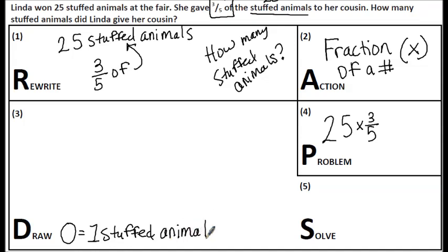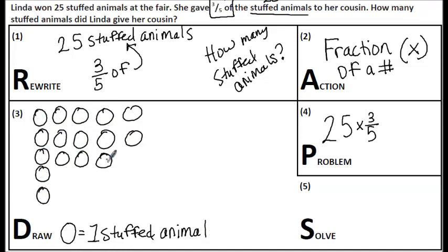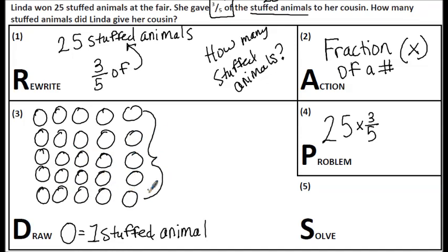So I'm going to draw a 5x5 grid. And remember, each of these circles is going to represent one stuffed animal. So now I have 25 stuffed animals that are represented. Notice how I label everything so I remember what's going on and what is represented by what in my picture.